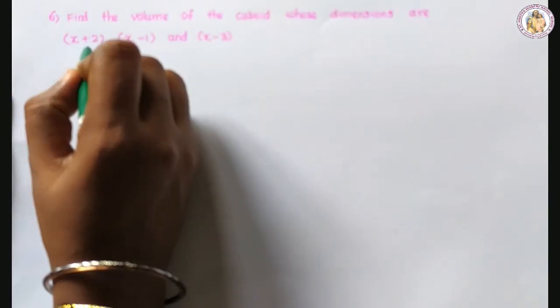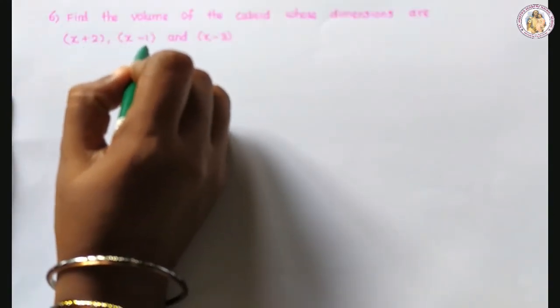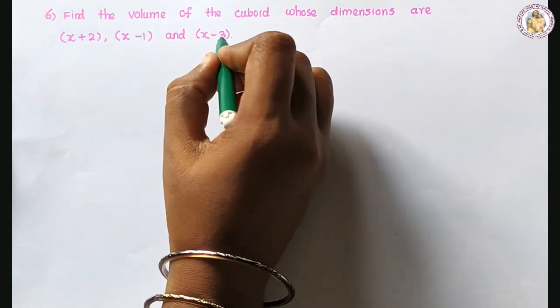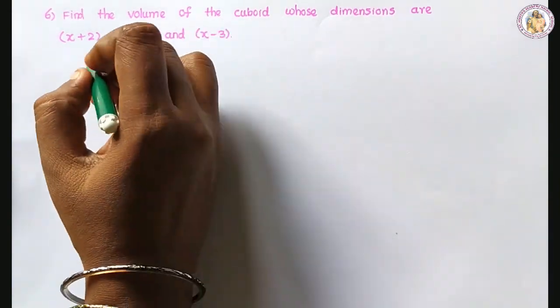Next one, find the volume of the cuboid whose dimensions are x plus 2, x minus 1 and x minus 3. So these are the length, breadth and height of the cuboid.